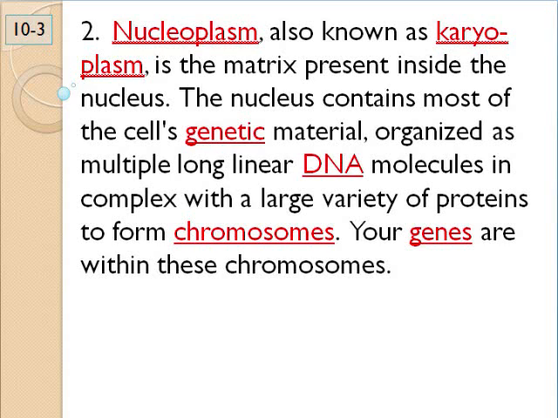The genes are made of DNA. So, between chromosome, gene, and DNA, who is the biggest entity? Chromosomes. Who's the smallest entity? DNA. Exactly. DNA makes your genes, and the genes are found on your chromosomes. So, you're exactly right.